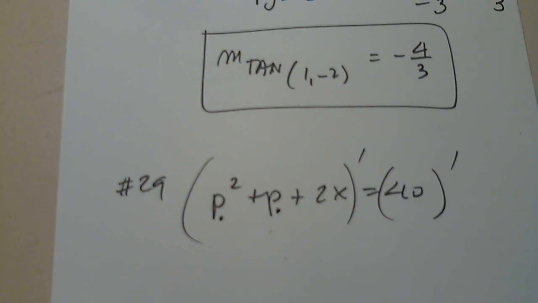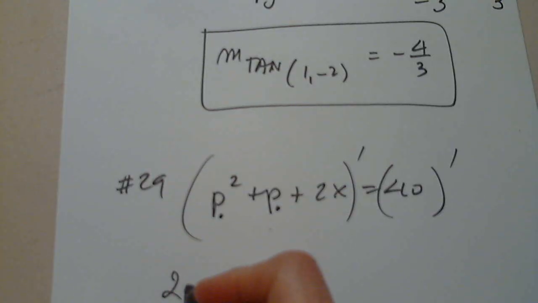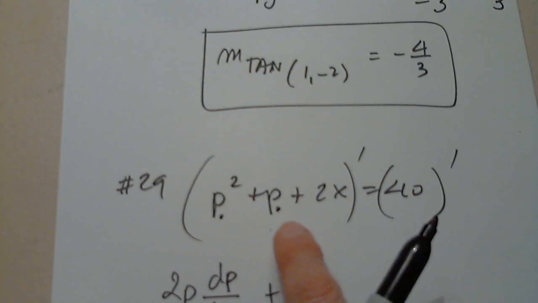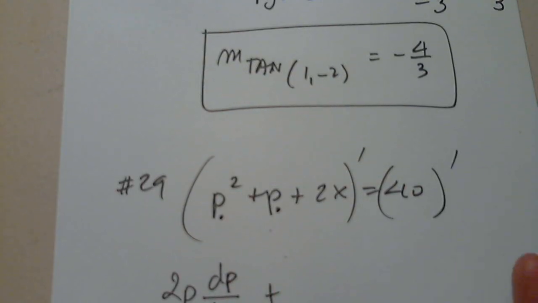Can anyone help on the left-hand side? So would it be 2p times, I guess the inner function, so it'd be dp over dx. Excellent. Plus the function prime. That's what it is. dp over dx.